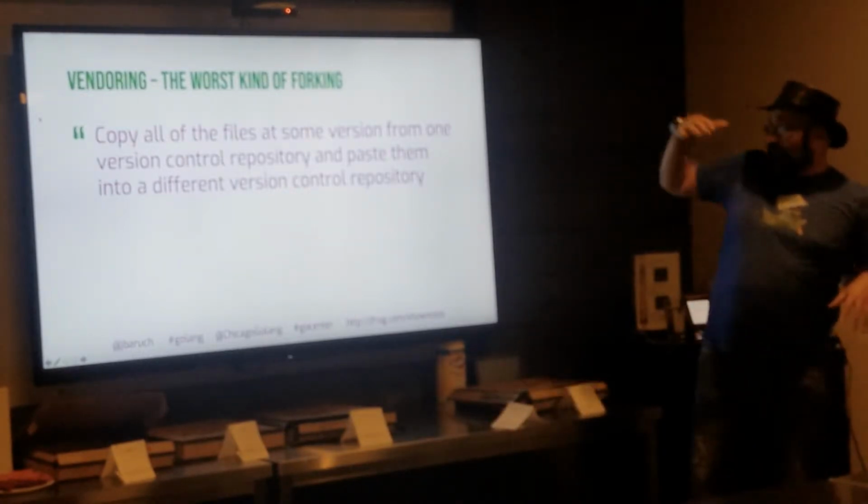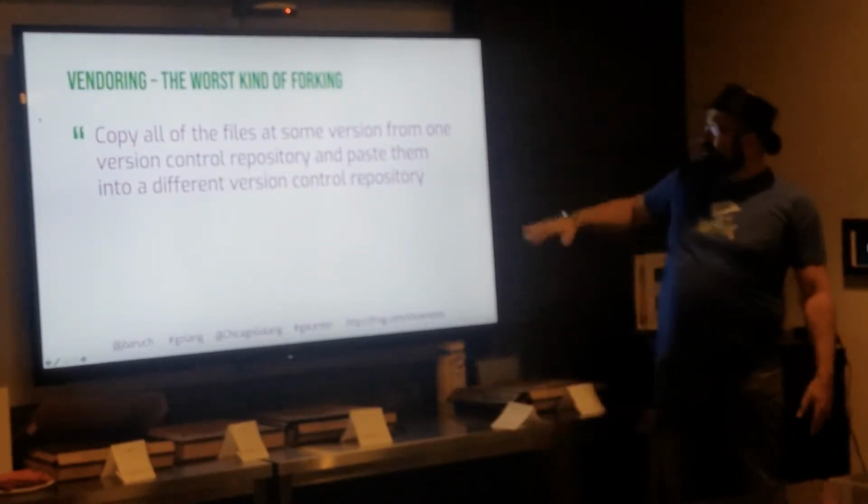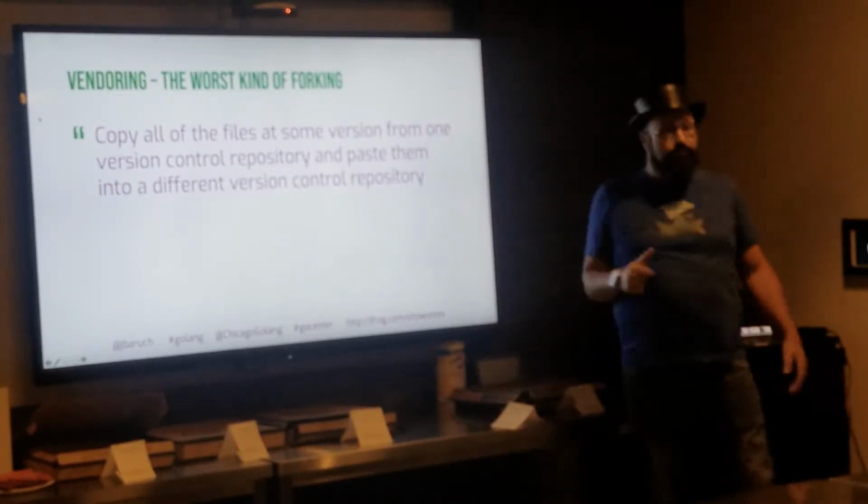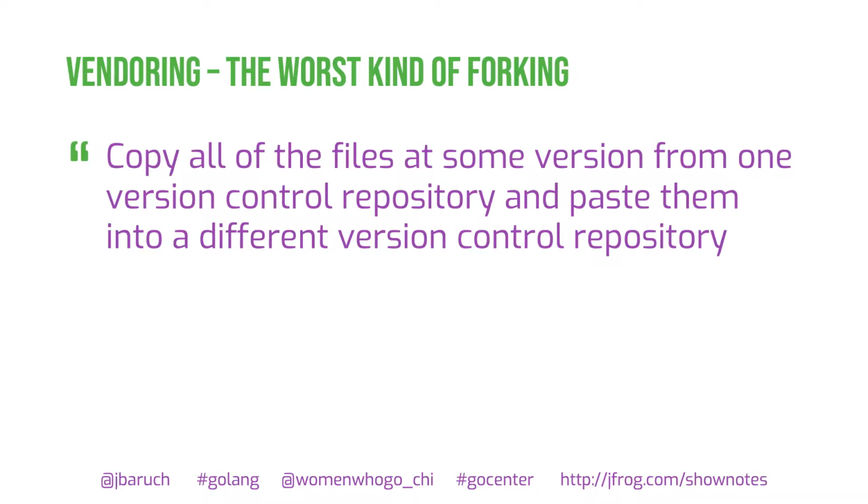It copies all the files at some version from one version control repository and pastes them into a different version control repository. That's vendoring. This is what Brad suggested. This is the whole idea of dependency management in Go. When you check out someone else's code, you commit it in your version control, and now you have it controlled.